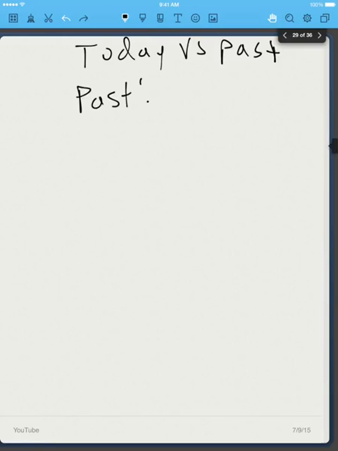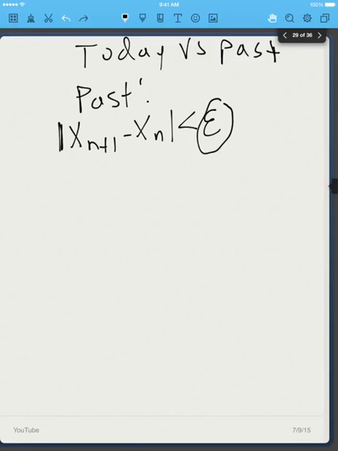A lot of these algorithms converge, so it counts. A lot of times when you look at x_{n+1} minus x_n being less than a tolerance, to get to this tolerance level where you're getting close to what you want as the answer, that takes a long time.